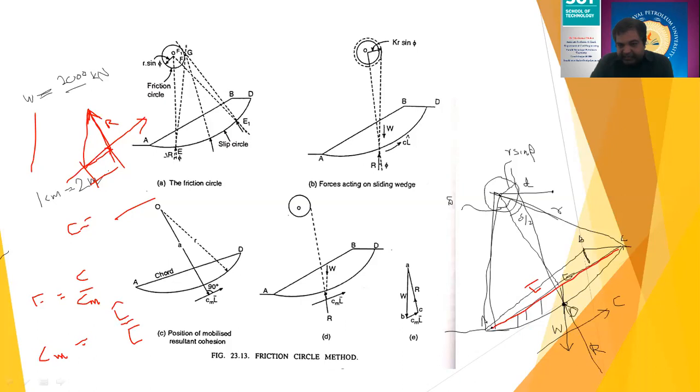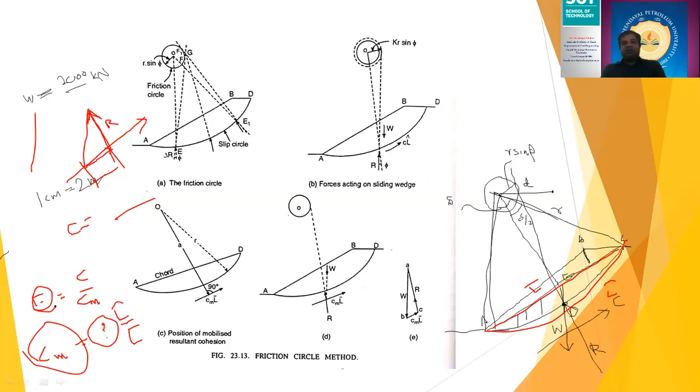And L arc is this. So this will give you the value of Cm multiplied by some constant value. I will let you know what the constant value is. So this will give you the value of Cm. If you put this value of C by Cm, then you will get the factor of safety for this slope.